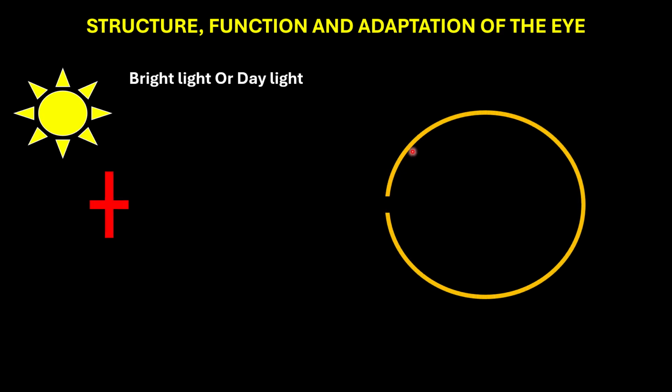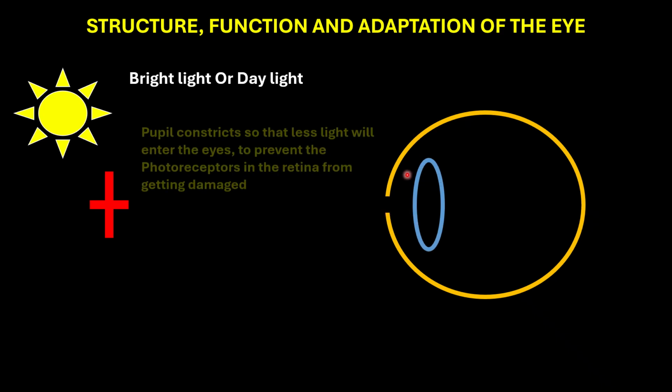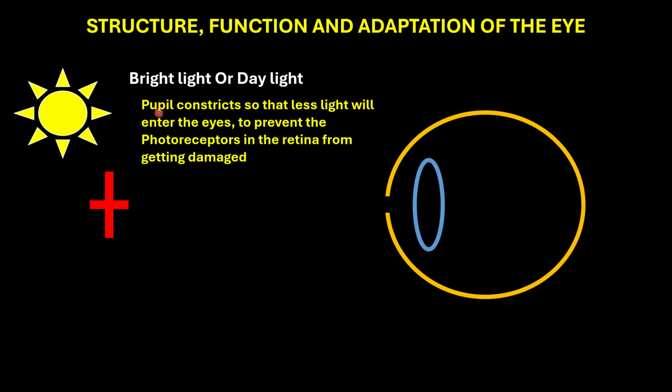You see here, the circle is supposed to go all out, but it didn't, because if it goes all out, light rays will not enter. That is the lens. Okay, so during daylight, during the day, what happens? The pupil constricts. What is the pupil? The pupil is a space within the retina, between the iris.